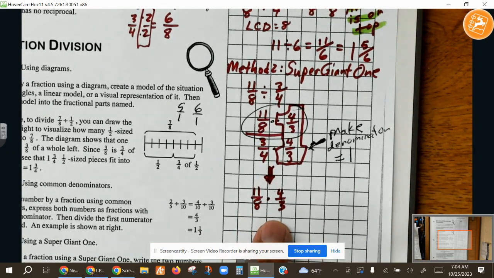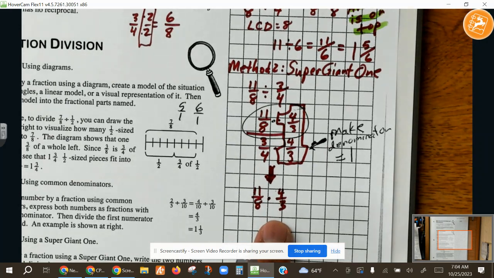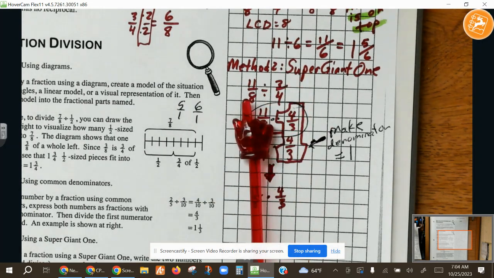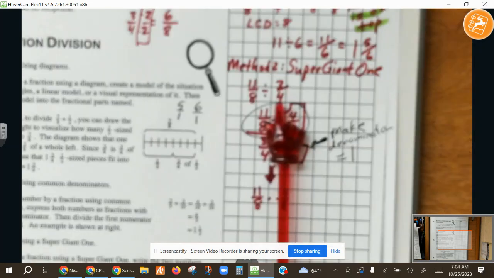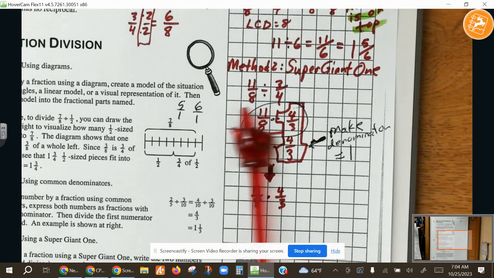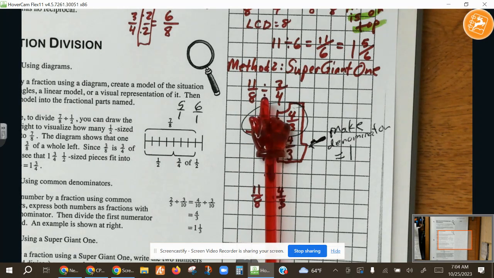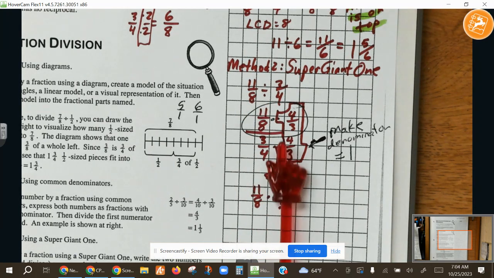Now this may look familiar to some of you who in elementary school learned when you divide fractions, there's a little chant or a method that you can use, which is called keep, change, flip, or same, change, flip, which means we keep the first number the same, we change the division to multiplication, and we flip that second number.